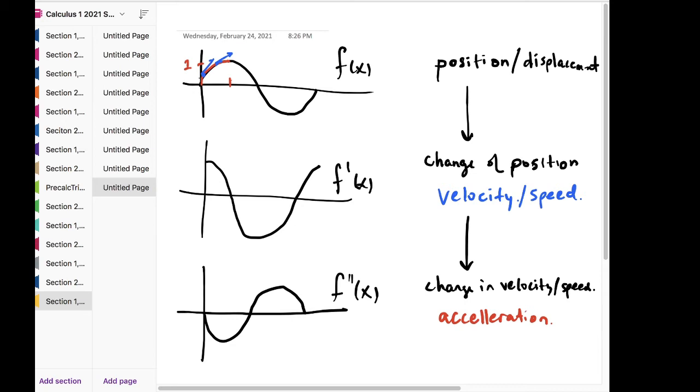Okay, so let's think about how you see the second derivative in your original graph. Think about the beginning of the graph here. That's the slope. As you start increasing in time, what is happening to the slope?